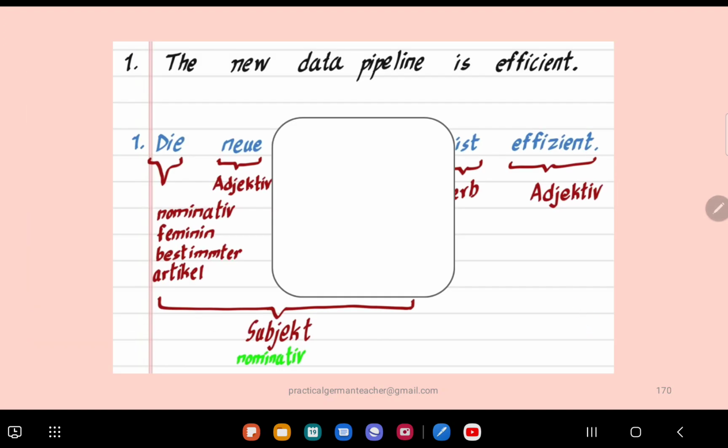Again, there is a box over here. The reason is that you can add anything over here from your professional life, right? But here it is Daten pipeline. Okay, efficient is efficient. The entire part is in nominative case.